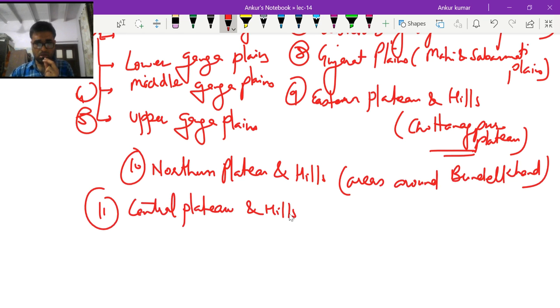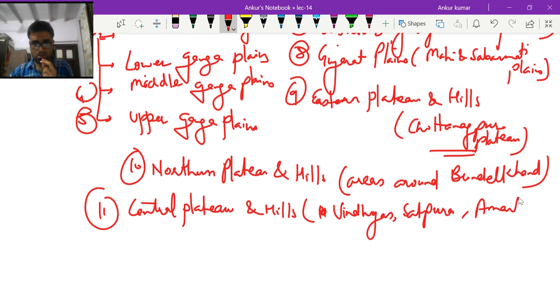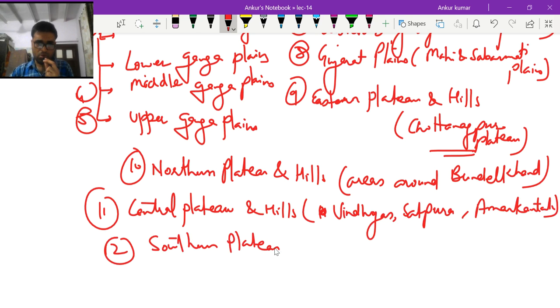These include the Vindhyas, Satpuras, Amarkantak. These are the Central Plateau and Hills. The 12th is the Southern Plateau and Hills. These include the Telangana Plains and Nilgiri.